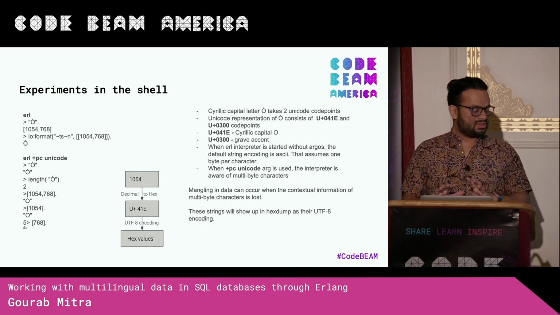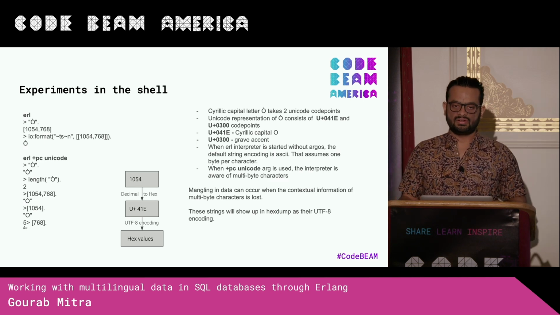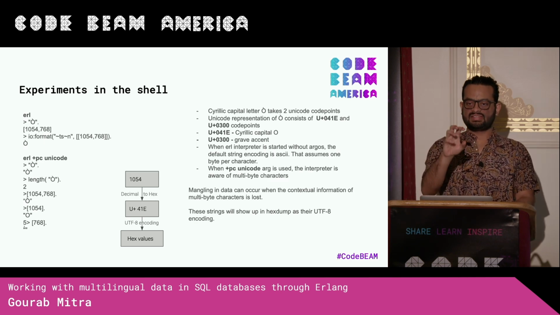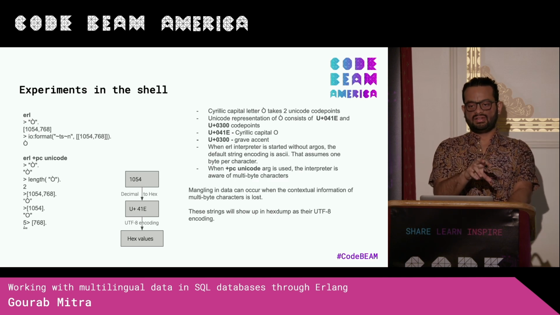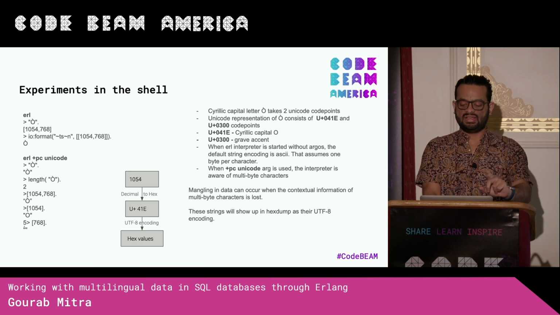If you note where we are in the process, we have not talked about encoding at all here. We have just translated decimal numbers that we see on the shell to Unicode code points. Encoding is the next step.